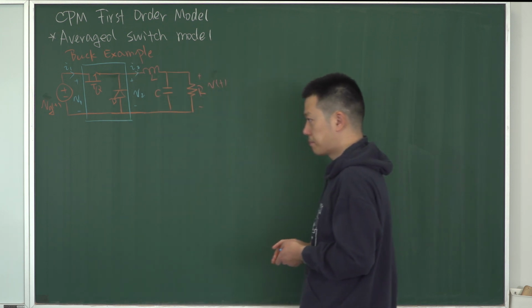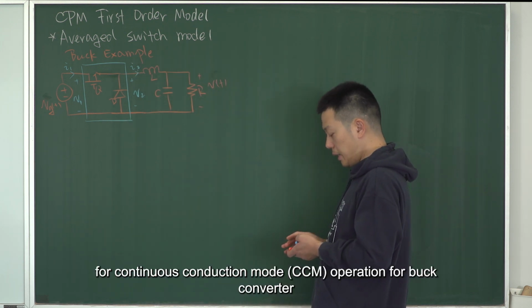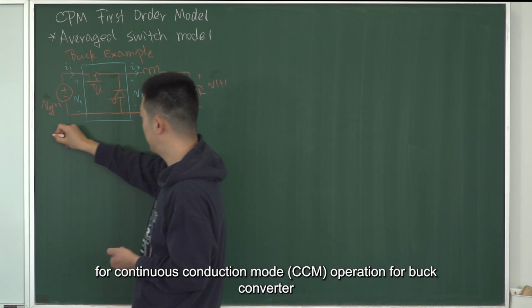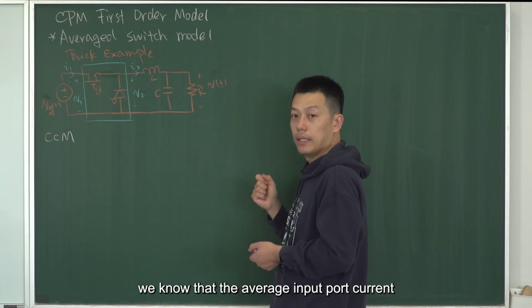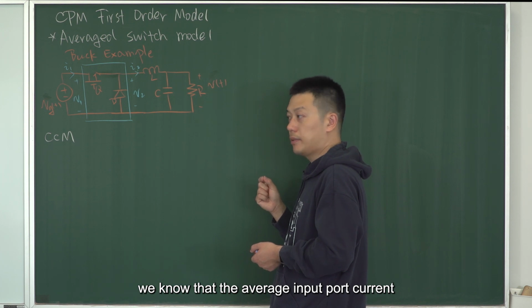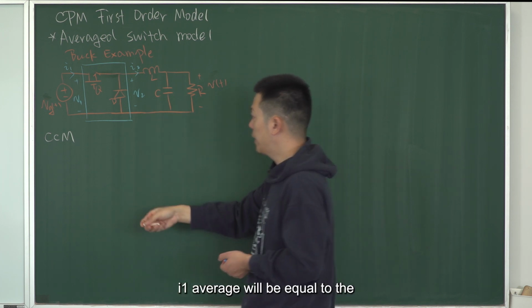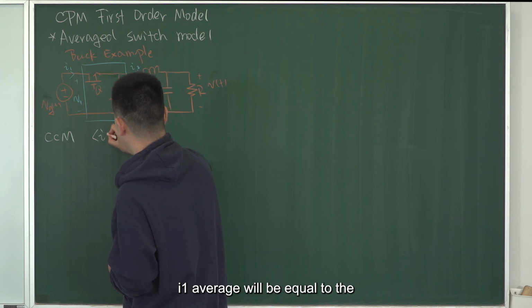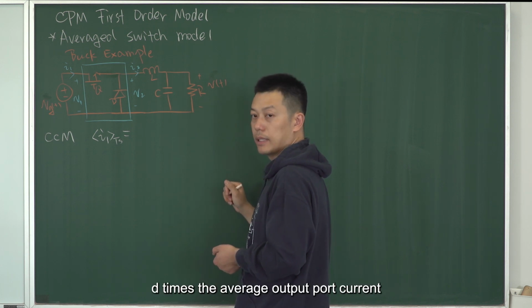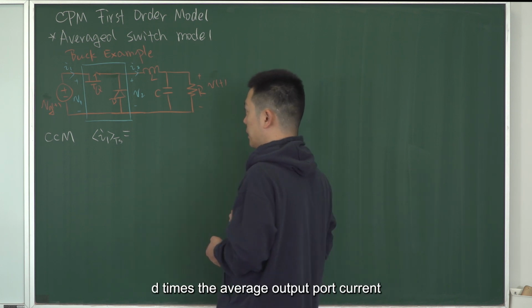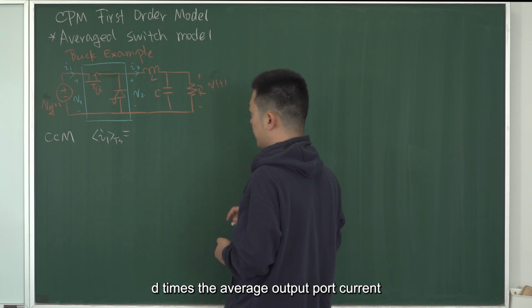Okay, so for continuous conduction mode, CCM, operation for buck converter, we know that the average input port current, I1 average, will be equal to D times the average output current.